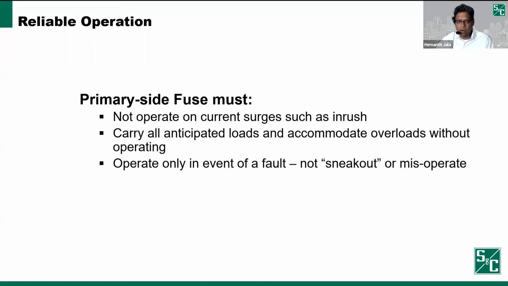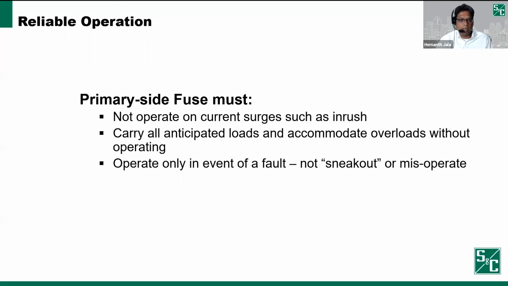The second point is you want to make sure that you can carry all anticipated loads. You have a full load current of a transformer, but then you could load the transformer a bit more, and you can have a little bit more current flowing through the fuse. You need to make sure that the fuse can handle any anticipated loading.